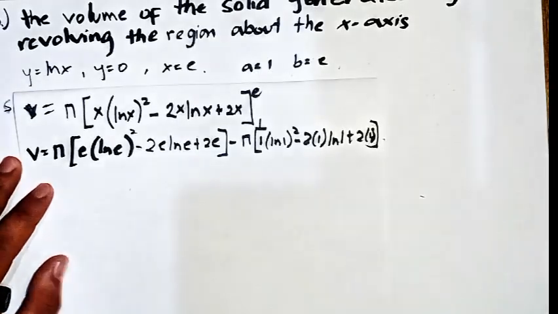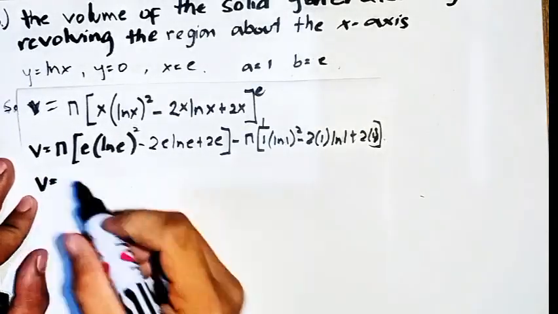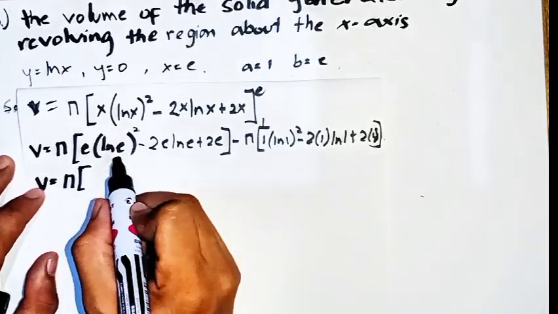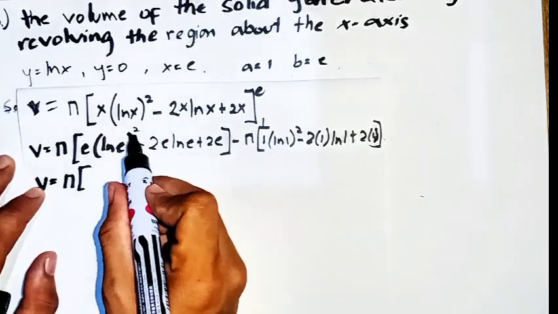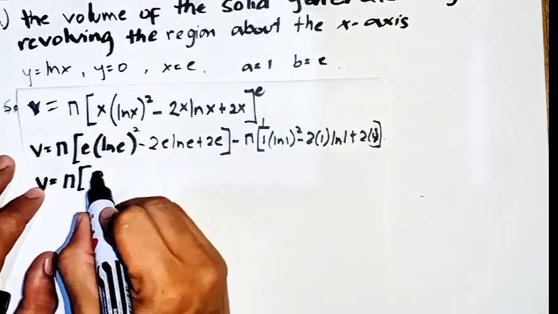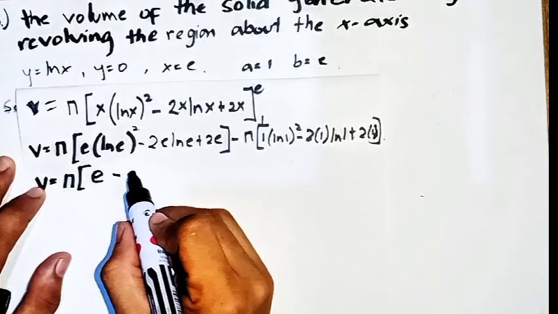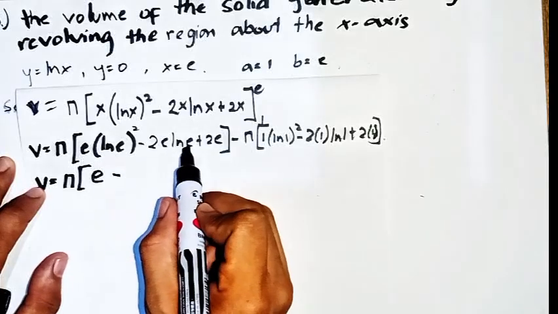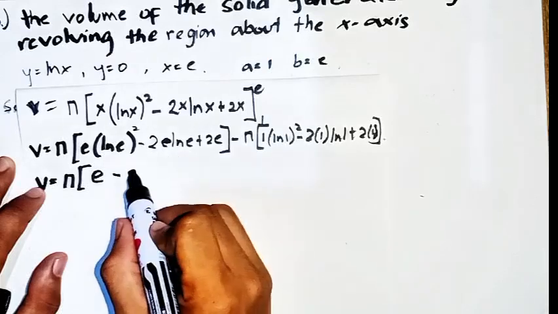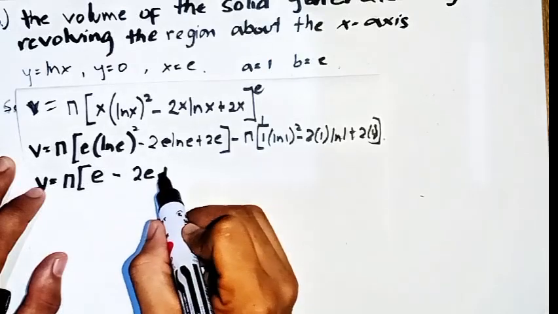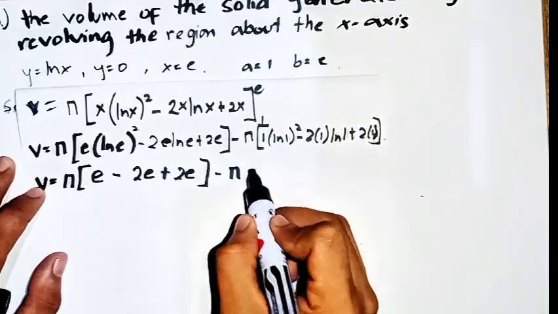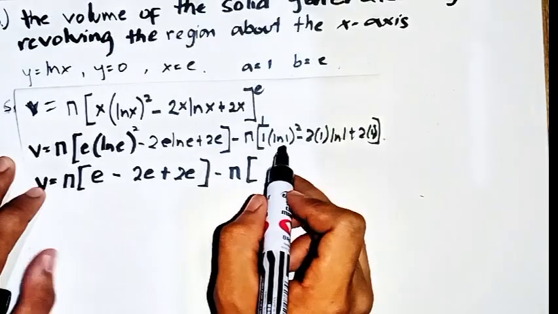Next, simplify. V is equal to, copy again the pi. We all know that ln e is 1, right? And 1 squared is 1, and e times 1 is e, minus, again ln e is 1, so 1 times 2e is 2e, plus, copy the 2e, minus pi. We know that ln 1 is 0, right?